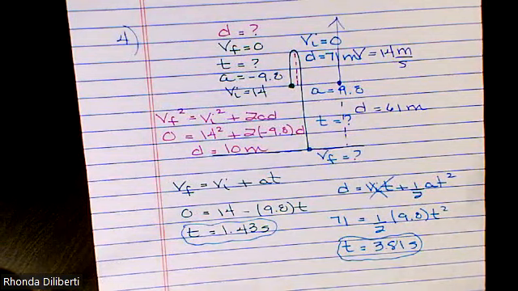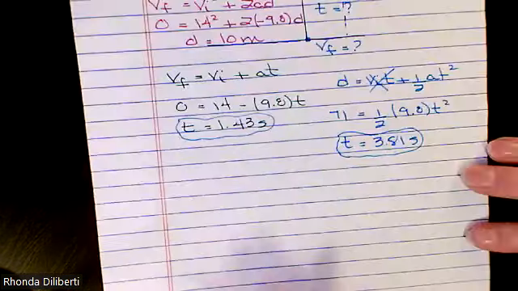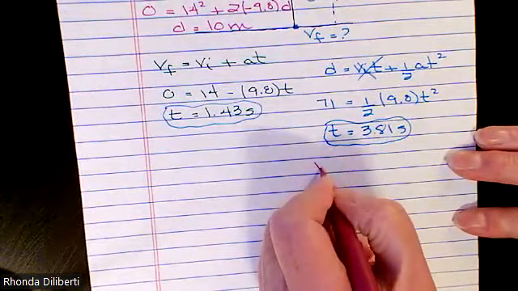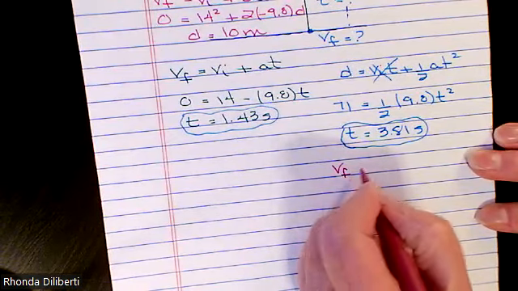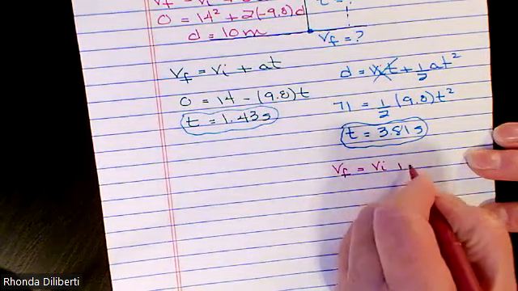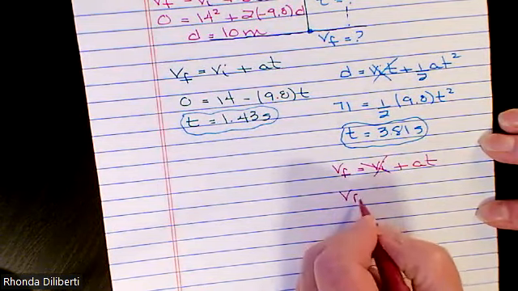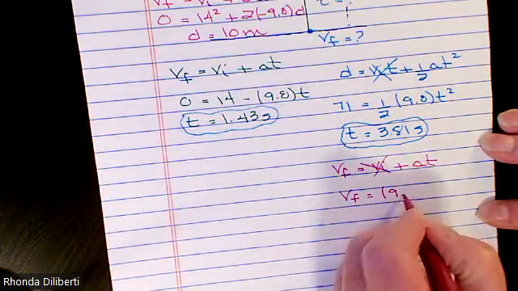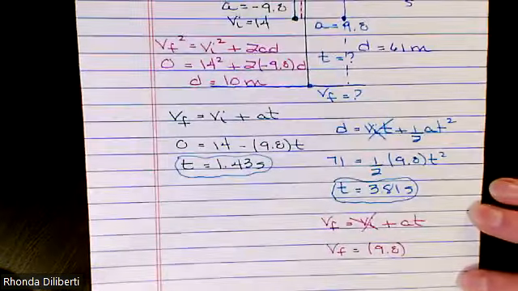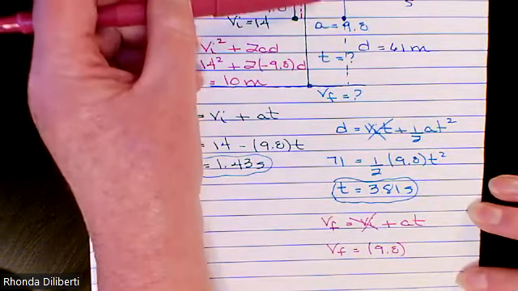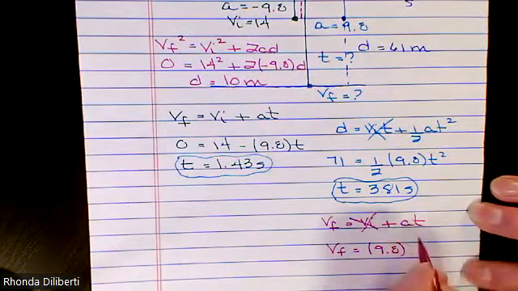Now we want to know the final velocity. With what speed does it hit the ground? So I think we could use the final velocity is the initial velocity plus AT. So the final velocity is going to be 9.8 times the time that I have to put in, which is just the falling down time, because that's when it's picking up speed.